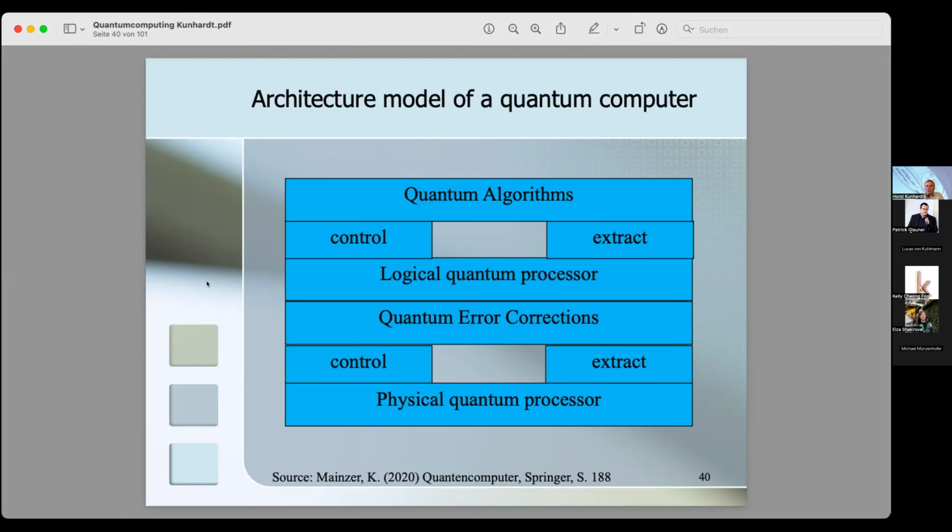Error correction is one of the basics in network theory, in CPU design, and so on. We have a lot of errors in classical systems, and therefore error correcting mechanisms are very well known in classical computing as well. Then we need a logical quantum processor, that means on the gate level or whatever. And on that, we could apply a quantum algorithm.